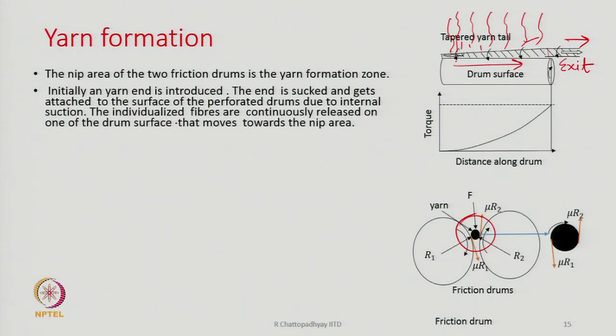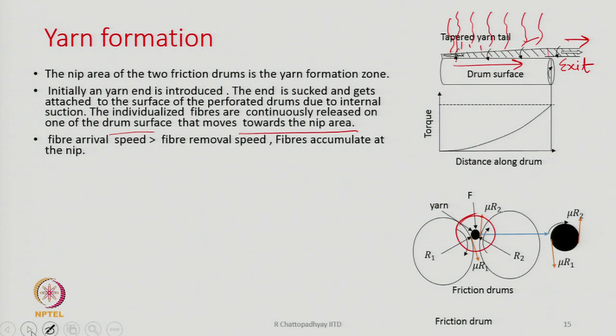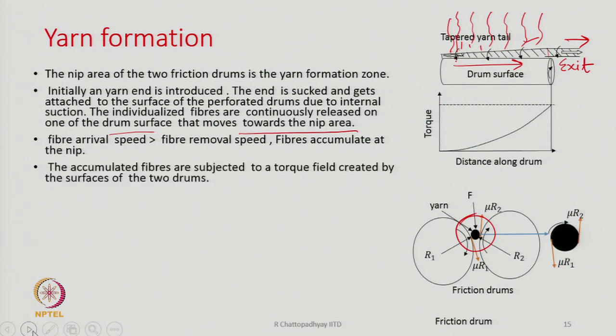The individualized fibers are continuously released on one of the drum surfaces and move towards the nip area. So, any fibers released from the opening roller surface will also reach that area. The fiber arrival speed is greater than the fiber removal speed, so fibers will start accumulating in the nip zone.